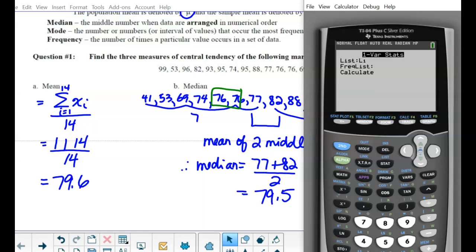Now, it depends if you have an older version of the calculator. If you don't see what I see, then when you do one variable stats you enter L1, okay, so it'll say 1 var stats, and then you put L1 and press enter.